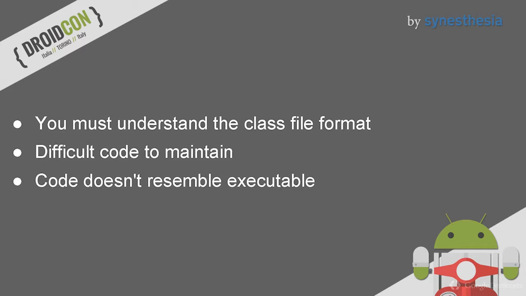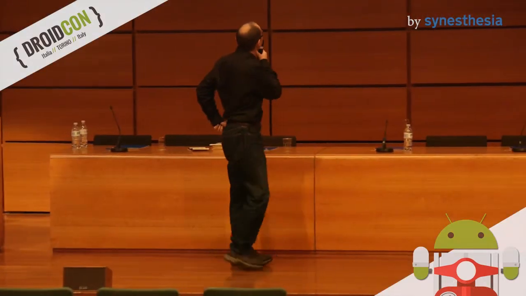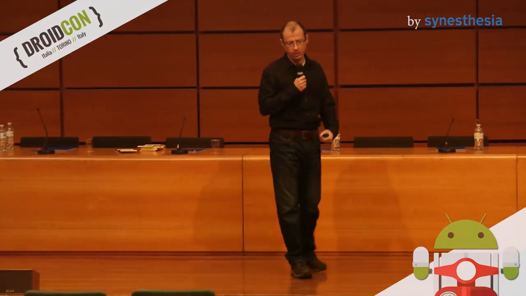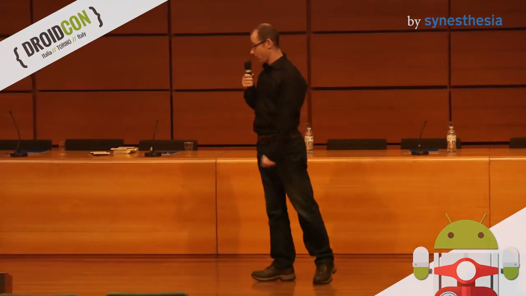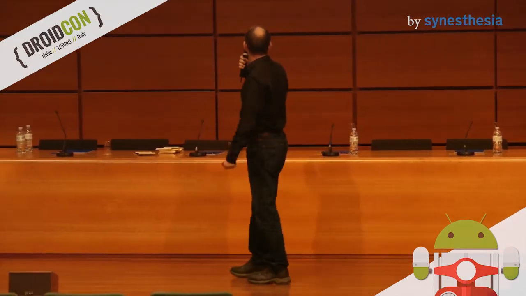And yes, as we talked before, you must understand the class file format. And the costs are, we do have difficult code to maintain. And the worst part, its code doesn't resemble the executable. And sometimes, or almost always, it's a problem.